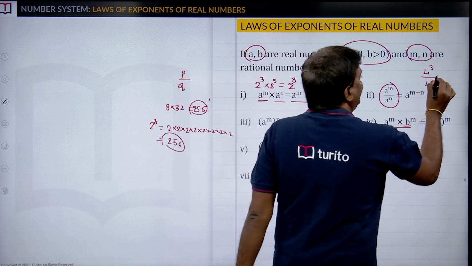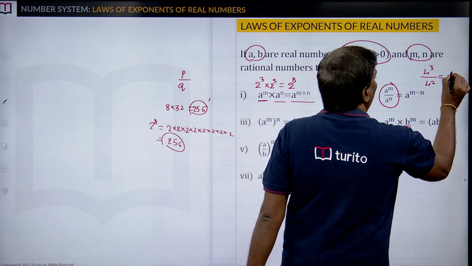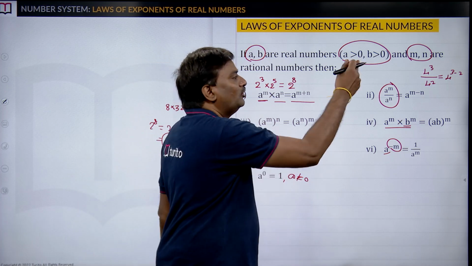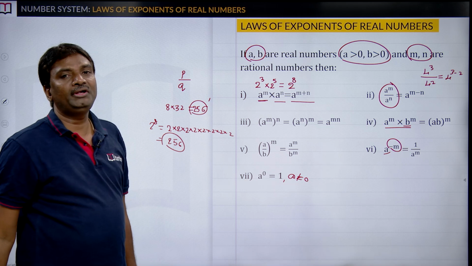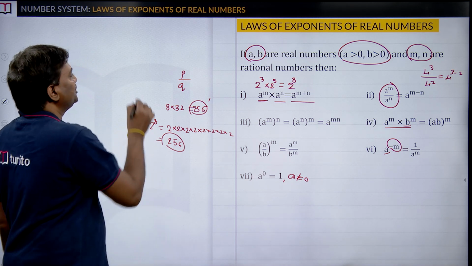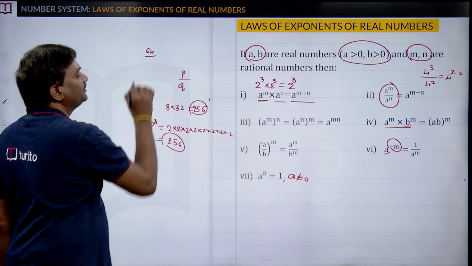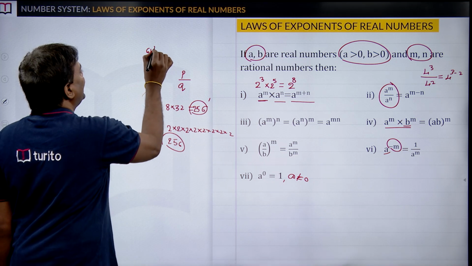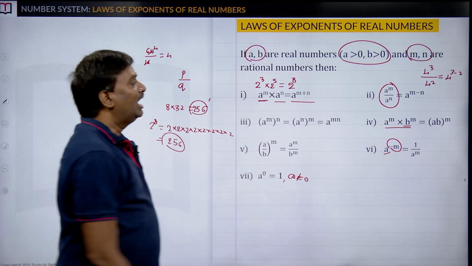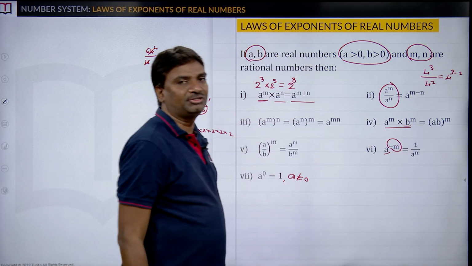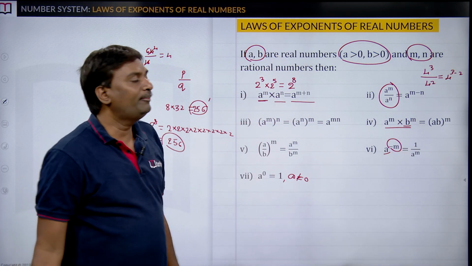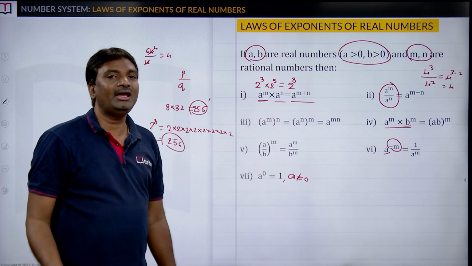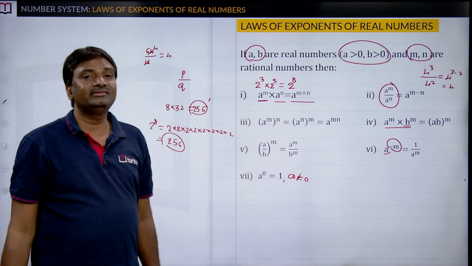So by simplifying a power m minus n, 4 power 3 minus 2. 4 cube means 4 into 4 into 4, 4 fours are 16, 16 fours are 64. The denominator 4 square means 16. We can cancel 64 by 16, 4 times, we got 4. On the RHS, 4 power 3 minus 2, 3 minus 2 means 1, 4 power 1 is also 4. So by simplifying 4 cube by 4 square, LHS is 4 and RHS is also 4.